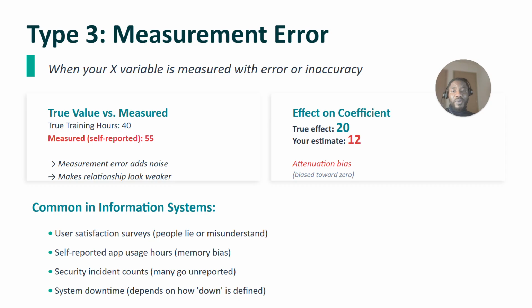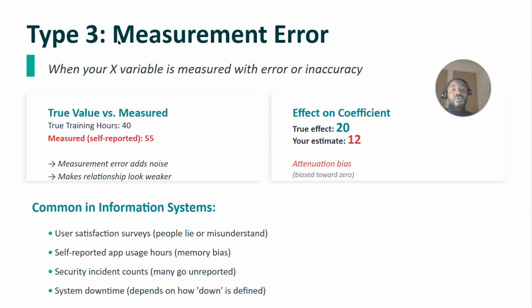Now, measurement error. I want you to take a look at this. This happens when the X variable, which is your independent variable, is measured with error or inaccuracy. When it's measured with error, look at the examples on the screen.